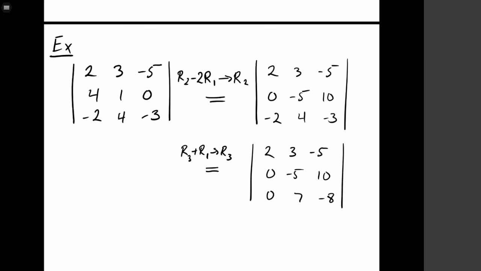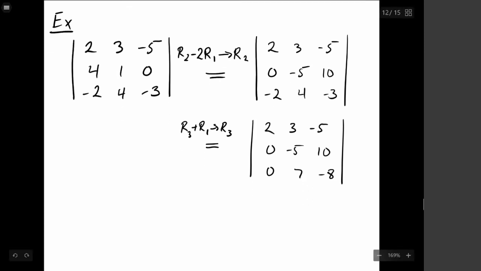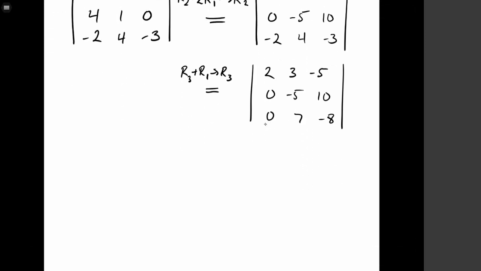Now here, we have some kind of weird numbers going on. So if you want to make it a little easier on yourself to figure out how to combine these, let's say for this step right here, this 7, let's turn it into a 5. We'll turn it into a 5 because then we can cancel these out really easily.